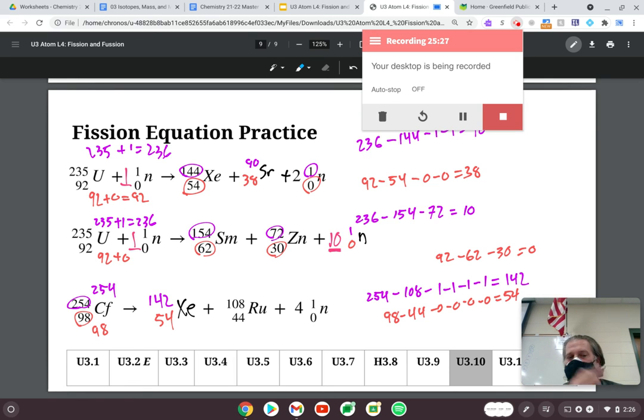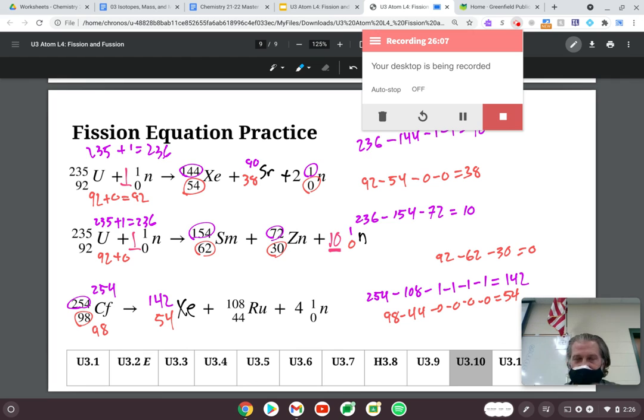So the mass number on the left side has to equal the mass number on the right side. In the case of the middle one, 154 plus 72 is 226, and so I needed to have 10 neutrons.